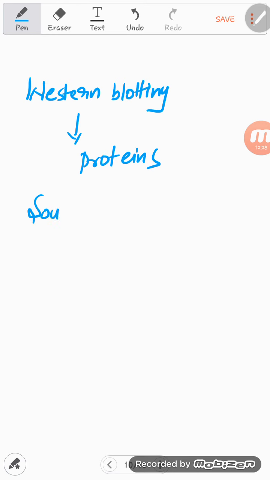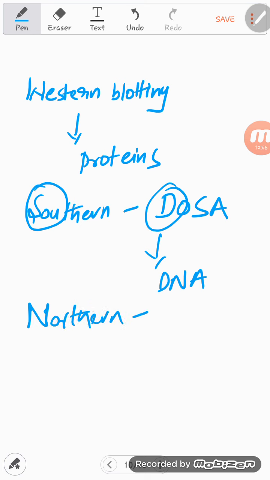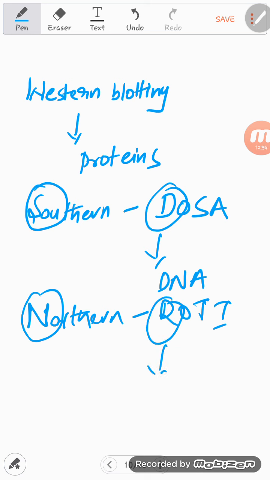You can remember the South Indians, they like dosa, so it is South dosa. So Southern blotting technique is used for DNA. So next is Northern blotting technique. North Indian people, they like roti. So Northern blotting technique is RNA.